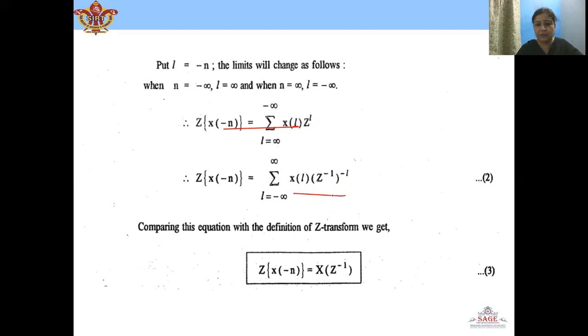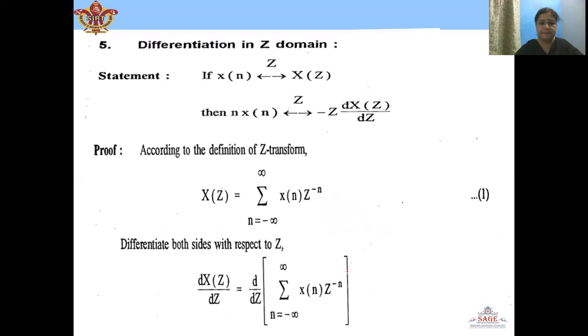Now this also represents the formula of the Z transform of x[n], but the only difference is that instead of having z, we have z inverse here. So in place of X(z), we write X(z inverse). So this is the property of time reversal which we wanted to prove. So here it is proved.